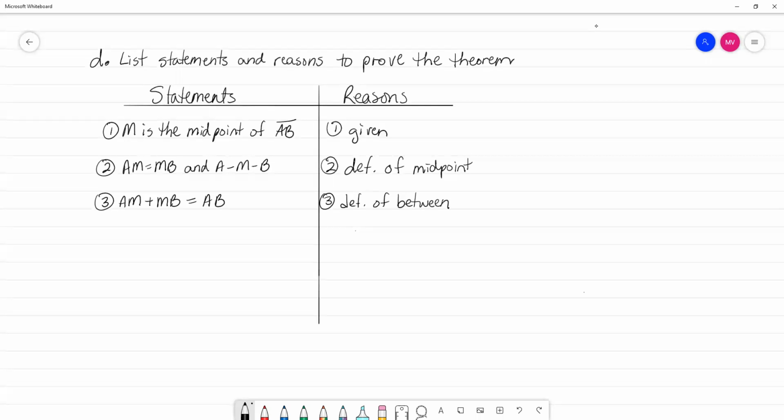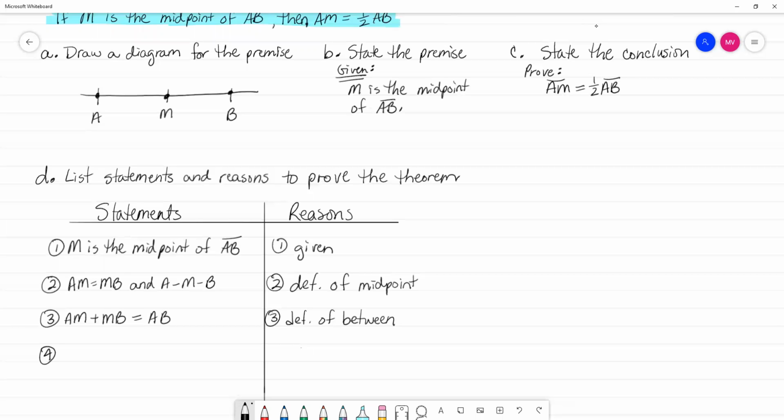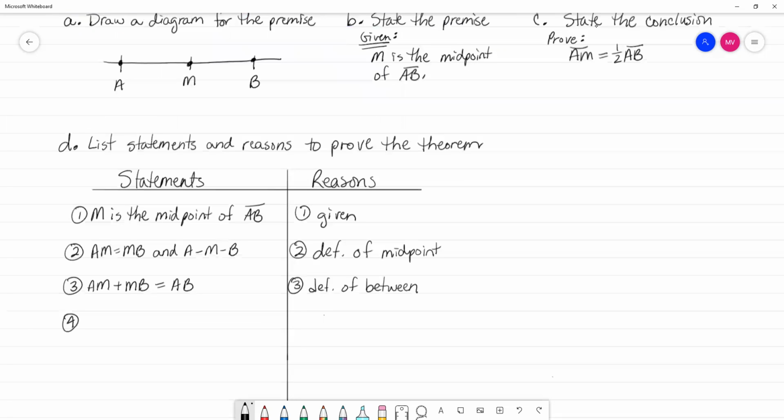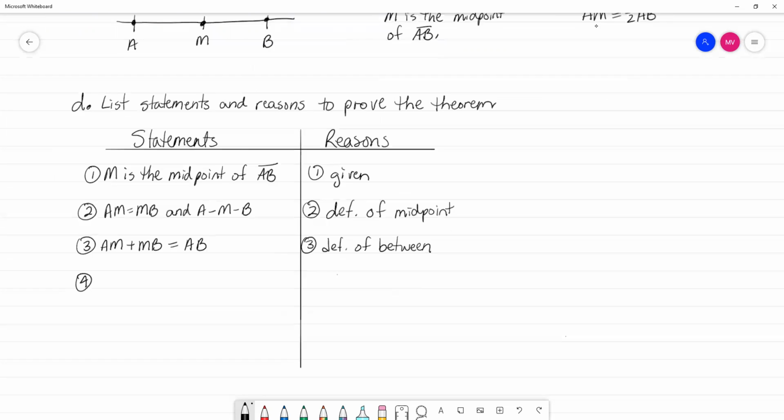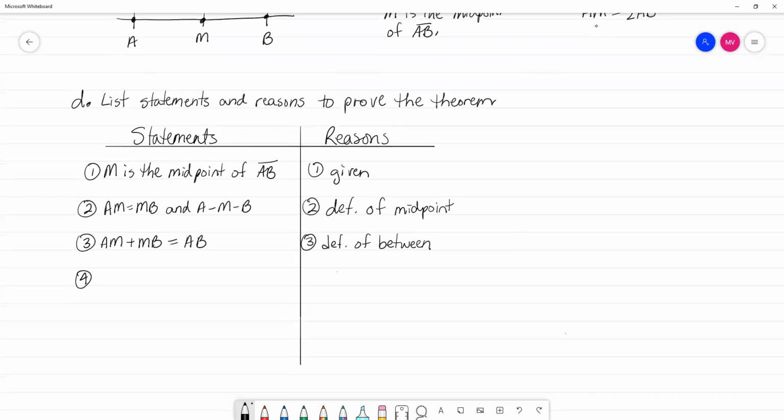Now we can substitute. So again, always look at what you're trying to prove. If you'll notice in your proof, you have line segment AM and you have line segment AB. There is no line segment MB in your final proof. So what you do is you take what you defined in point 2, the definition of midpoint, the AM equals MB.